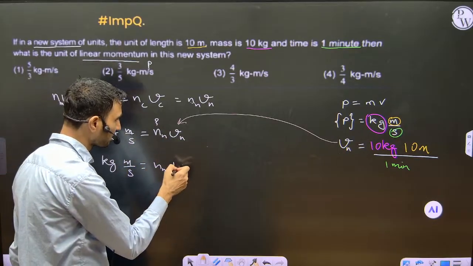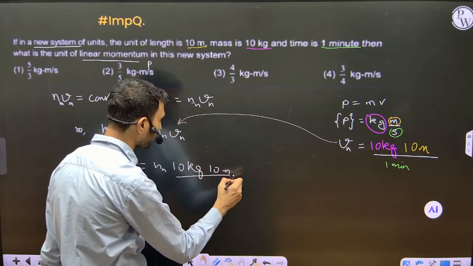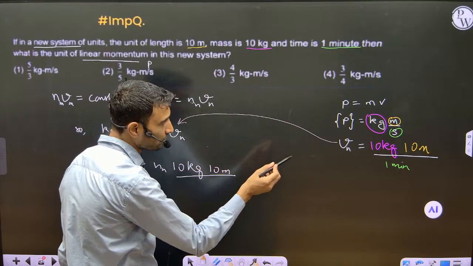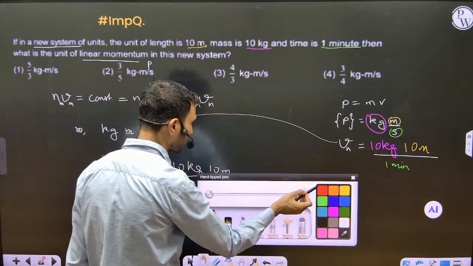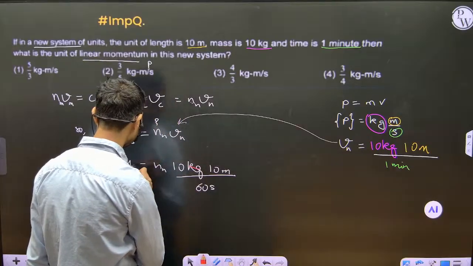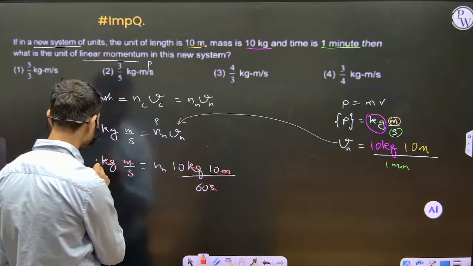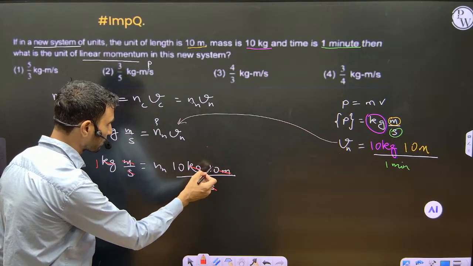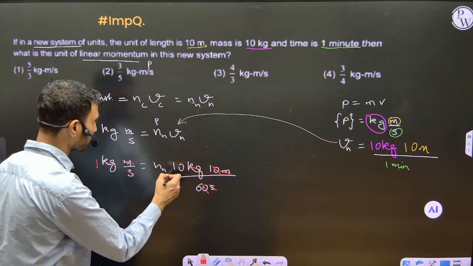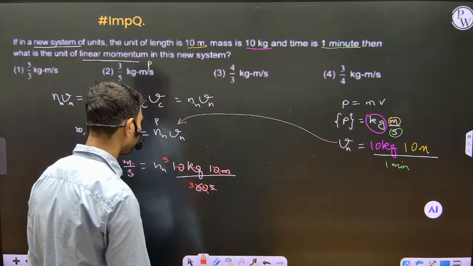Un is 10 kg into 10 meter divided by 1 minute. 1 minute is nothing but 60 seconds. Then you get things getting cancelled. You have kg out, meter and second also get cancelled, and you get a 1 here, and this also gets cancelled and you get 5 by 3.